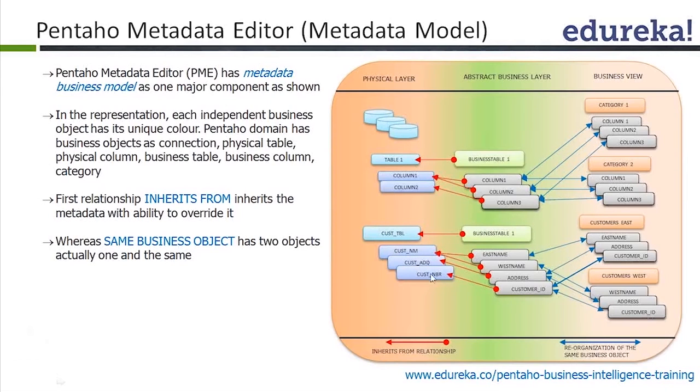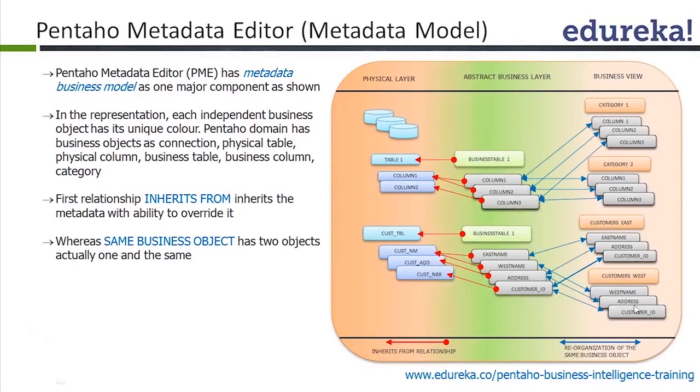Not necessarily is each element mapped to an individual counterpart element in the abstract business layer. So the business table may not have the same number of sets. For example, customer name in the business layer is split into two, first name and last name. And then customer address and customer number are the same, one-to-one mapping.